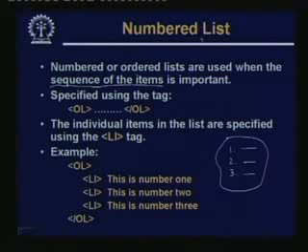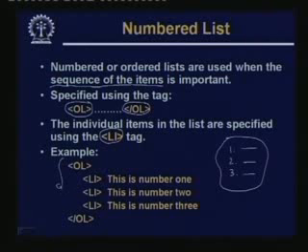Now, these kinds of numbered lists are also called ordered lists, and they are specified by the tags begin OL, end OL, and exactly like the unnumbered lists, the individual list items can be specified by the LI tag.